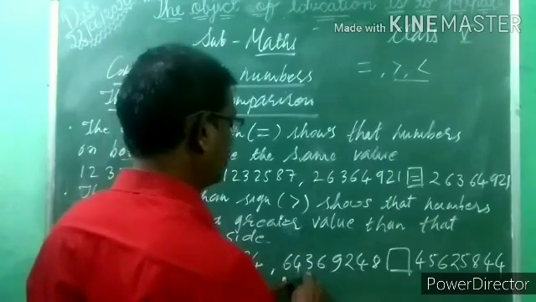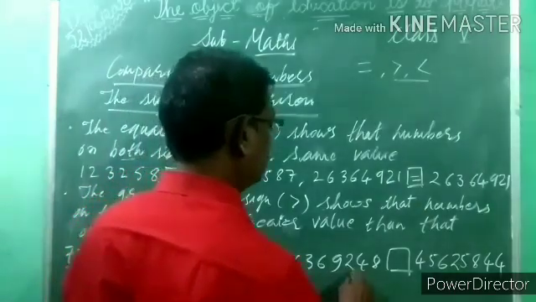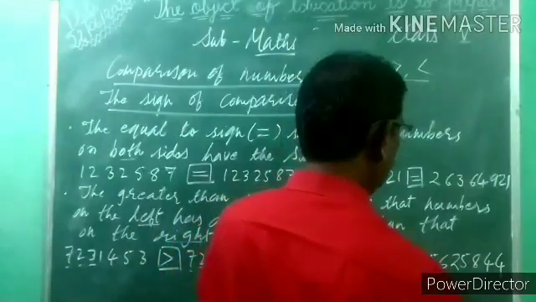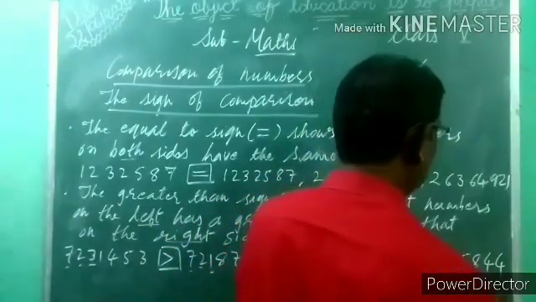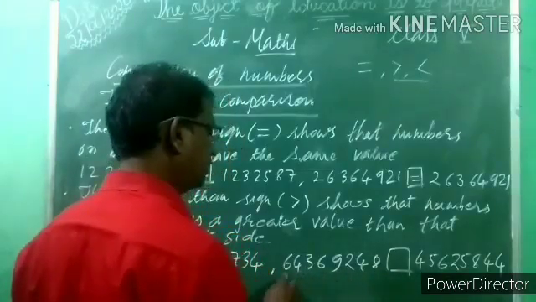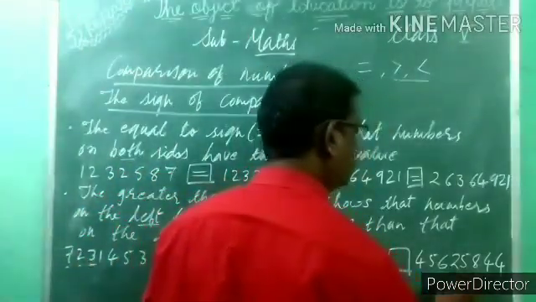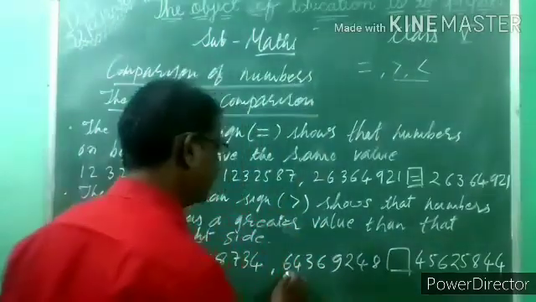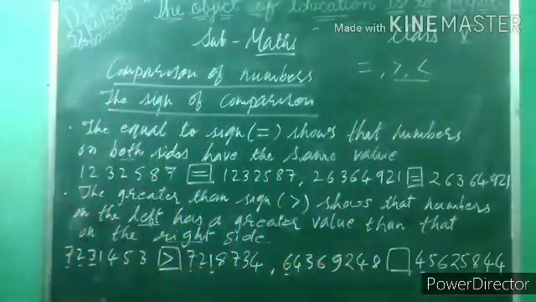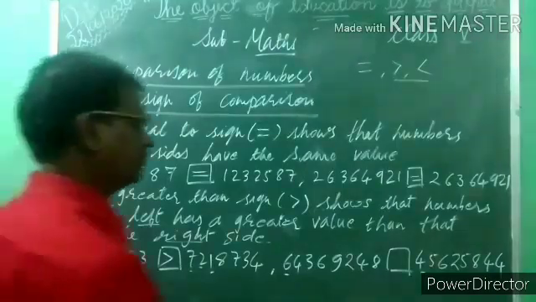Now this example: 1, 10, 100, 1000, 10,000, lakh, 10 lakh, crore. 6 crore 43 lakh 69,248. And here 4 crore 56 lakh 25,844. Both are 8 digit numbers. Now compare: here 6 and here 4. 6 is greater than 4.